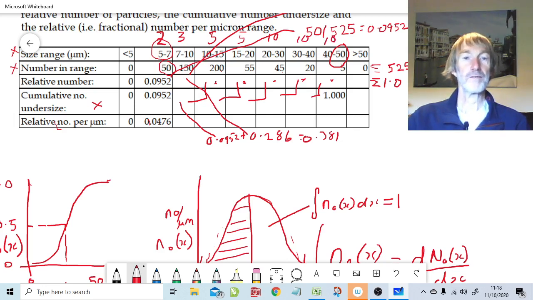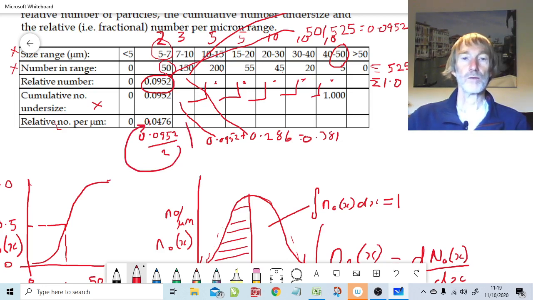So if we're relative number per micron range, we need to take our relative number here, 0.0952, and divide by the micron range, which was 2, and if we do that, we get 0.0476.